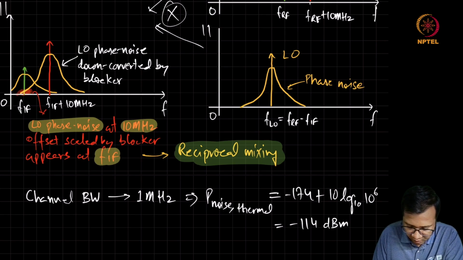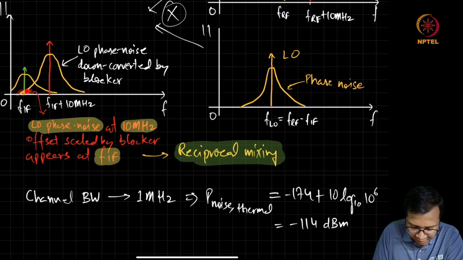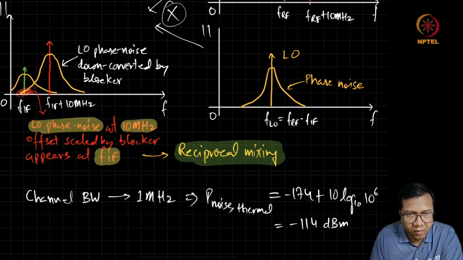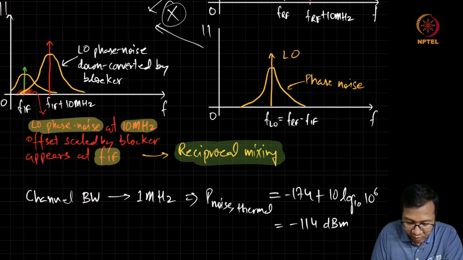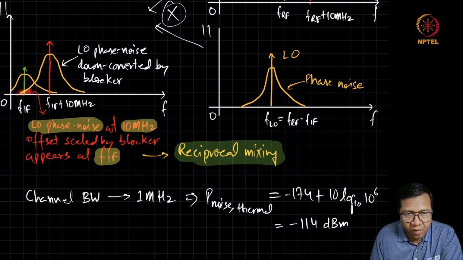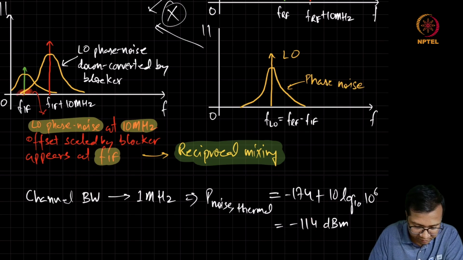So if we don't want this LO phase noise which is appearing at FIF due to the blocker to degrade the SNR, then we can just put a constraint that this noise coming due to reciprocal mixing be at least 6 dB below the thermal noise floor.